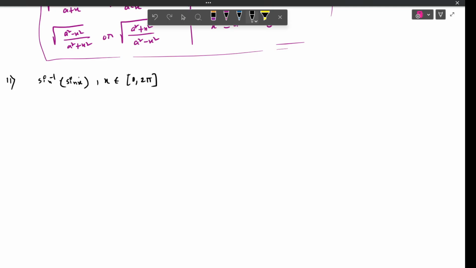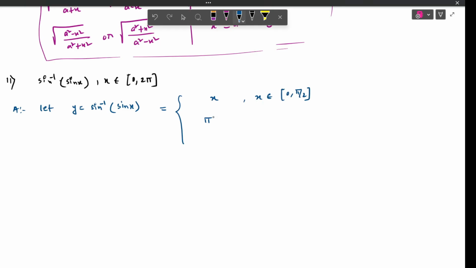Now, here you have to remember, you need the concept of inverse trigonometric function. Here we know that first of all, let y equals to sine inverse of sin x. Then sine inverse and sine will go out. It will be x if x belongs to 0 to pi by 2.